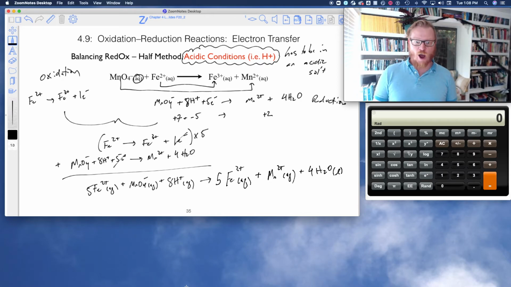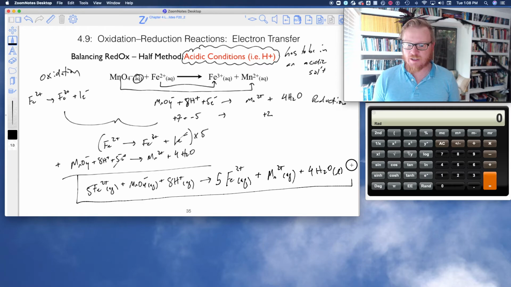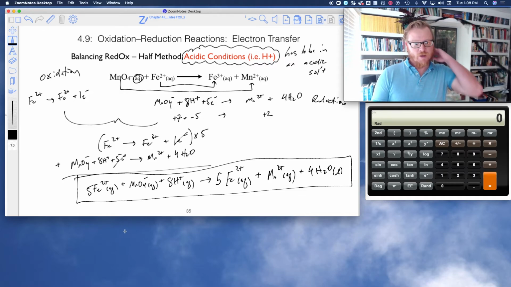And so now everything should be completely balanced in this thing. Right? We've got 5 irons and 5 irons. We've got 1 manganese and 1 manganese. I've got 4 oxygens and 4 oxygens and 8 hydrogens and 8 hydrogens. Well, what about the charges? Okay.